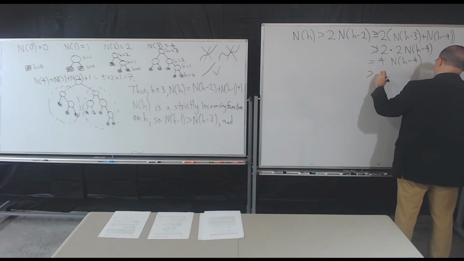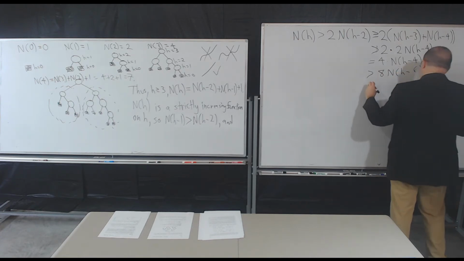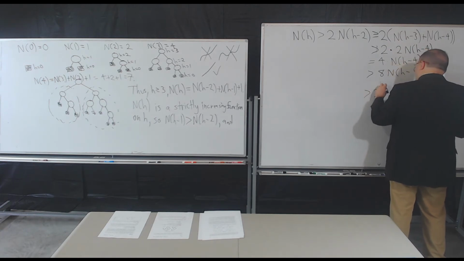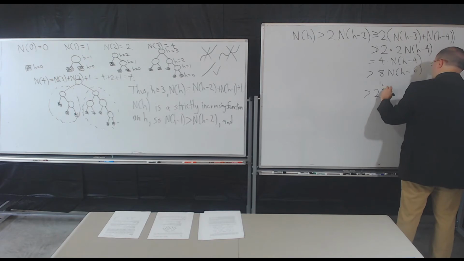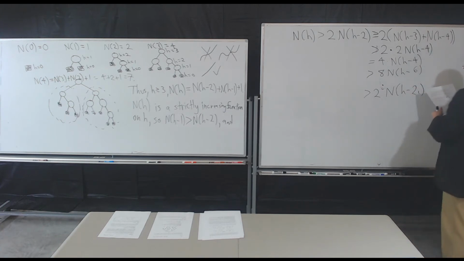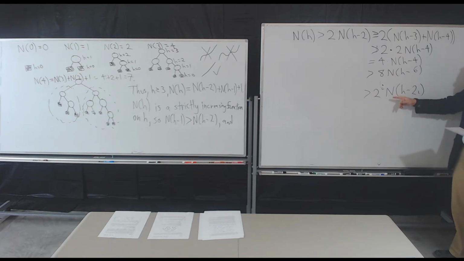So this is greater than 8 times n of h minus 6, all the way down to, at some point, we have 2 to the i of n of h minus 2i. So at some given step, notice that every time this goes up by a multiple of 2. So if I just keep doing this by some power of 2, because these keep going up by powers of 2, if I give you some arbitrary i, it's going to be related to 2 times i.